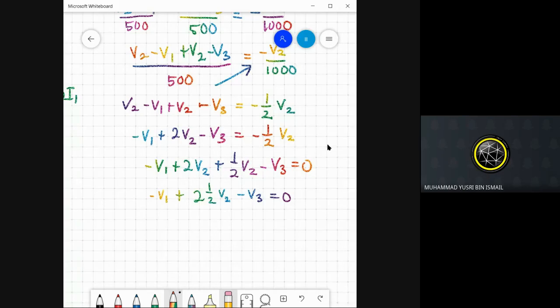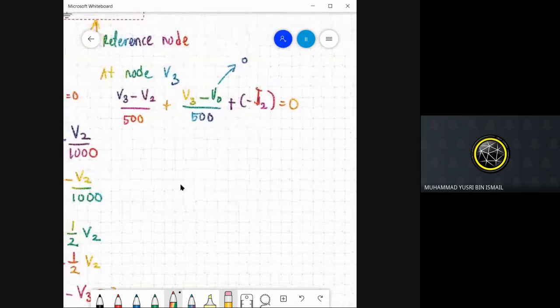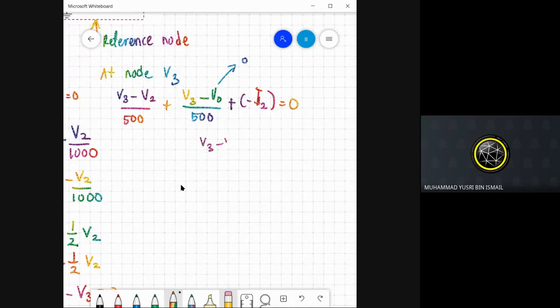Okay, now we go to the third equation. In this equation, V3 over 500 plus V3 over 500 equal to I2.